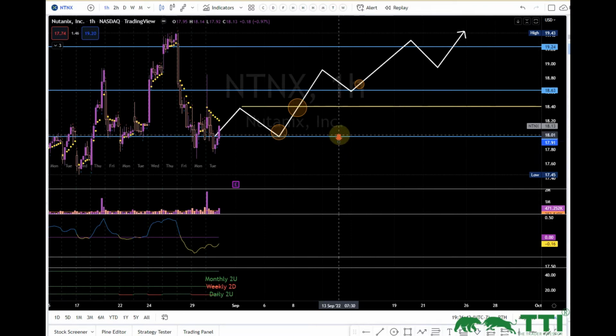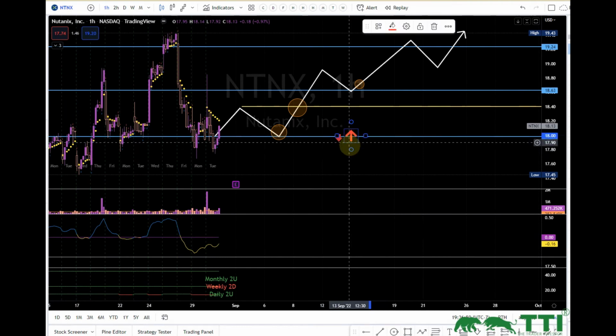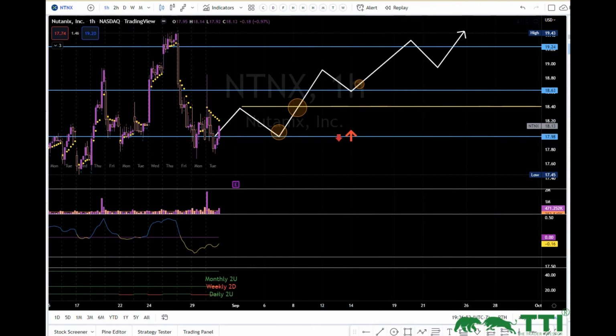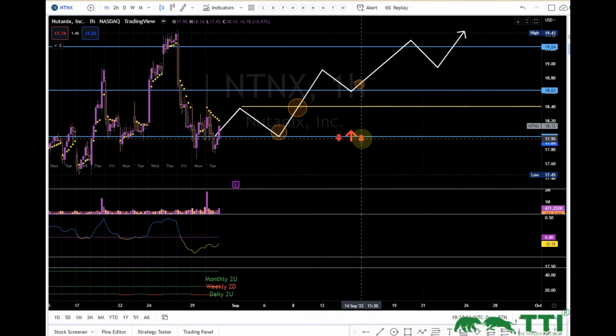It will penetrate through the support or resistance, it doesn't matter, and the very next bar it does the opposite, and then the very next bar it does the opposite again.